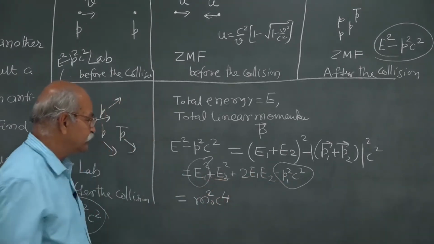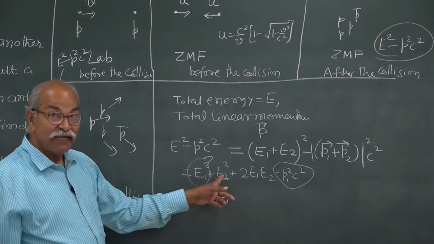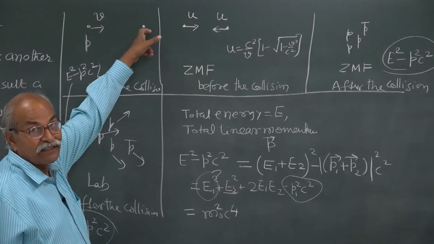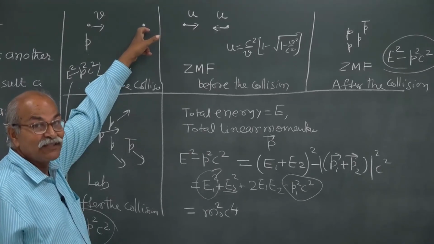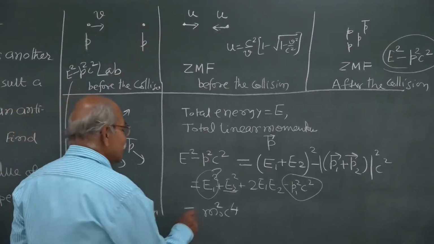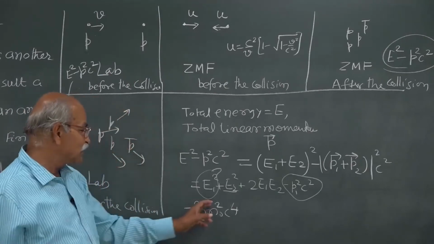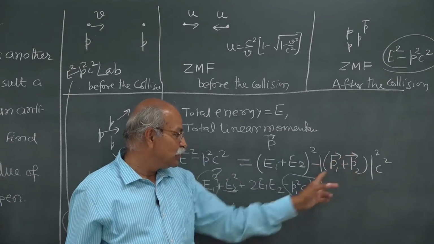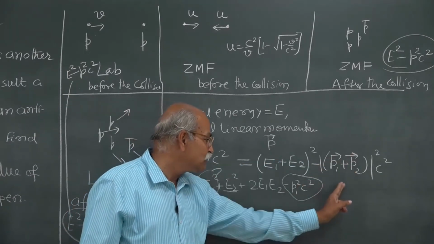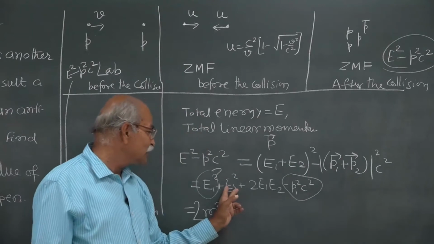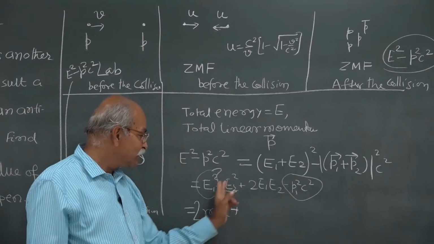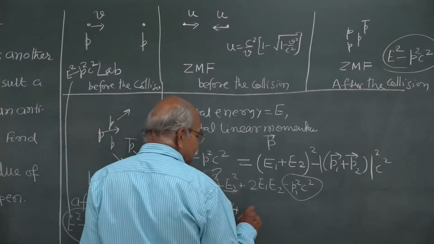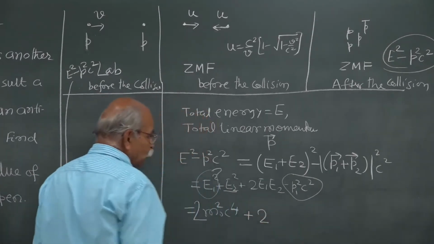E2 square again must be the same, since the second particle is anyway at rest. So, its total energy is the same as rest mass energy M0 C square, and therefore its square is M0 square C4. If P2 is not 0, then you will have a P2 square C square subtracted, and that together with E2 square will again make M0 square C4. Then plus 2 times E1 E2.